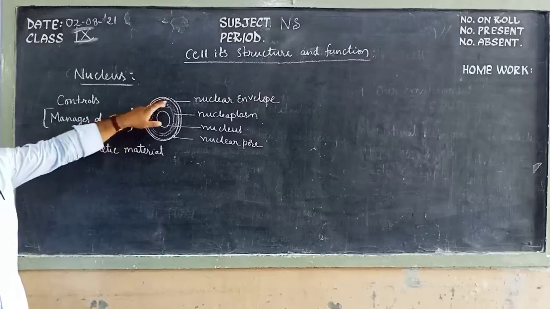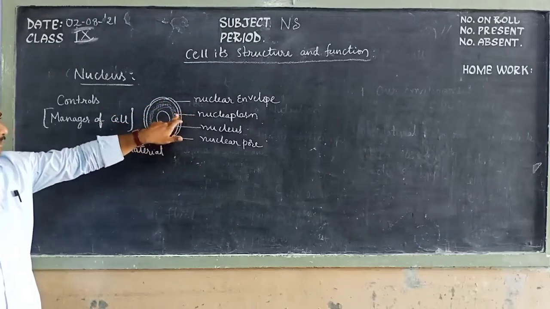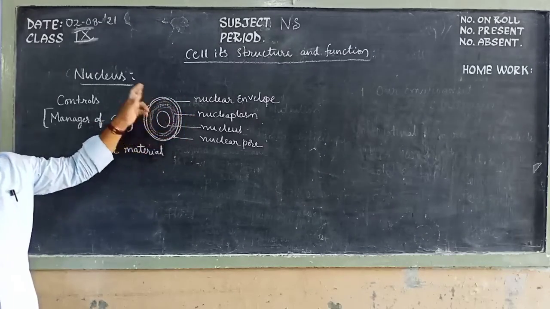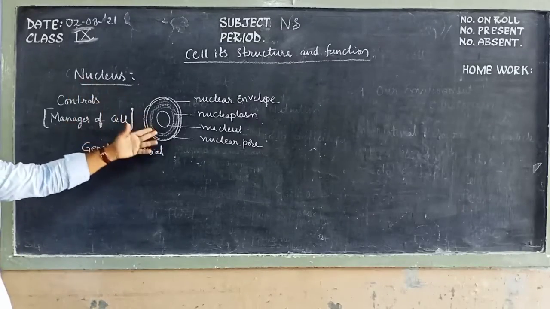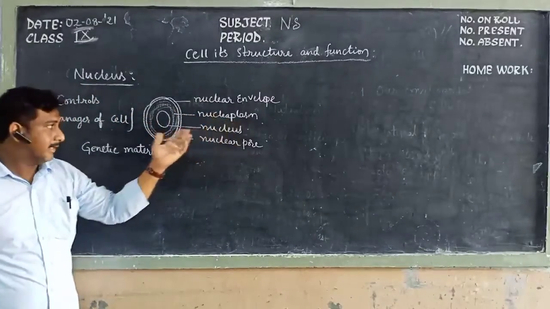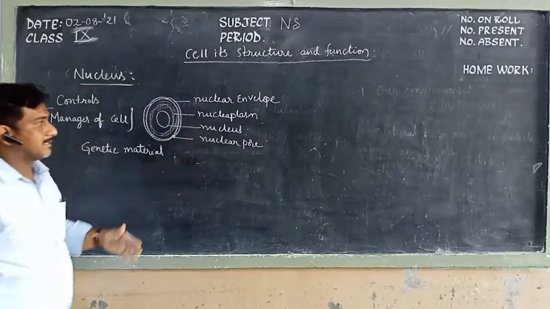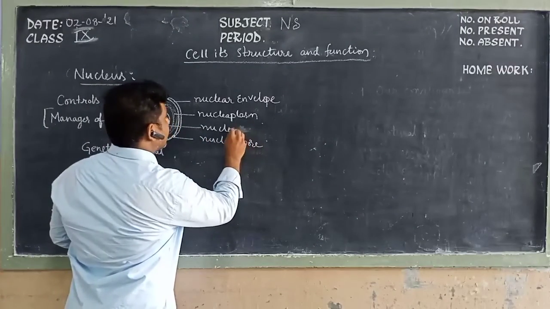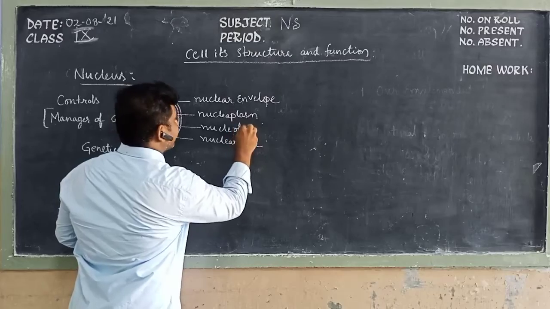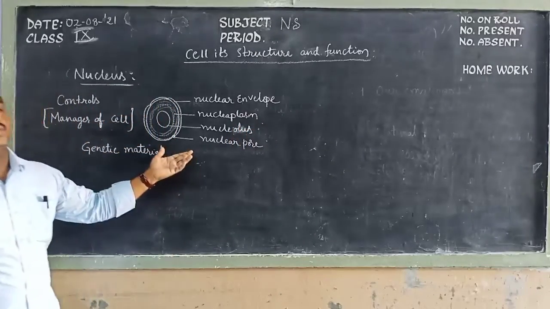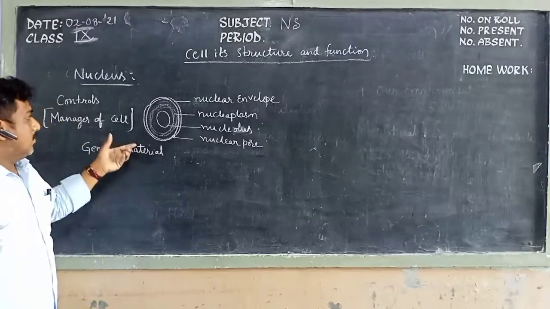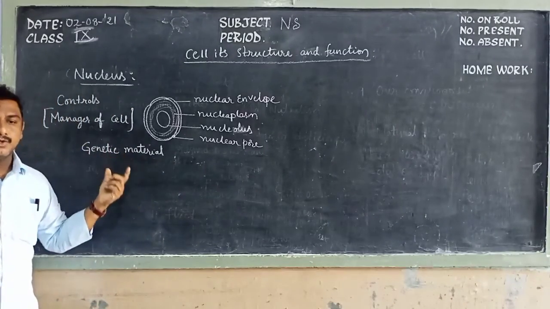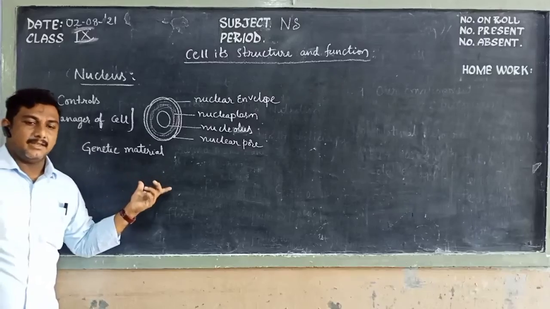Now it contains a nuclear envelope and nucleoplasm, meaning that just as the cell has cytoplasm, this cell organelle nucleus also has nuclear fluid. Next, it contains the nucleolus. Next, the nuclear core. It controls the cell.